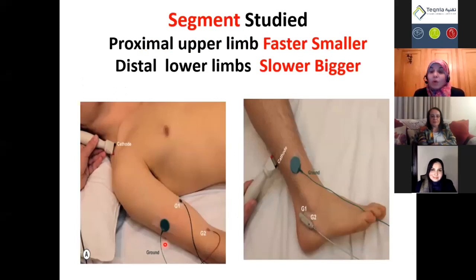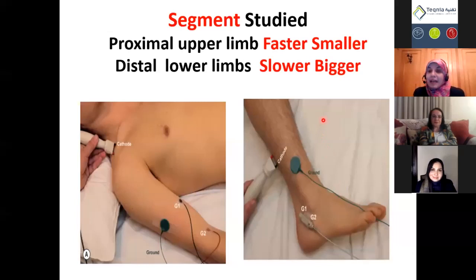The segment you are examining is very important also, because when you go proximal, the nerves are thicker, so they conduct faster. You know that the more myelin, the more conduction. And as you go distal, they taper, so it is slower. So you are expecting to see velocities which are faster proximal than distal. It is expected and not a problem.